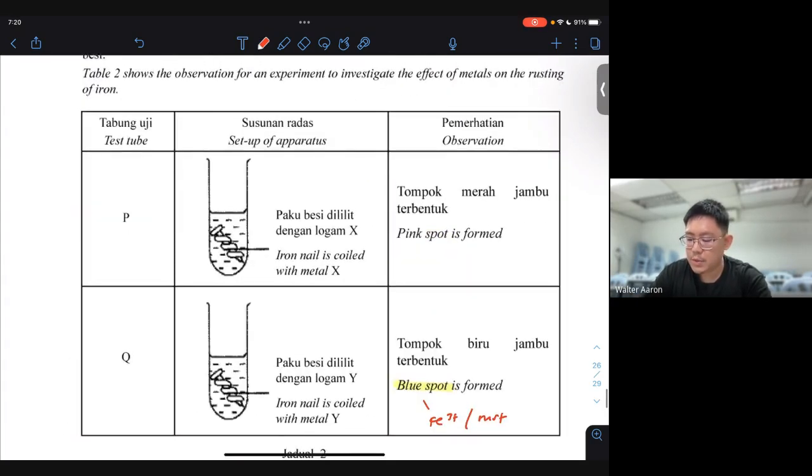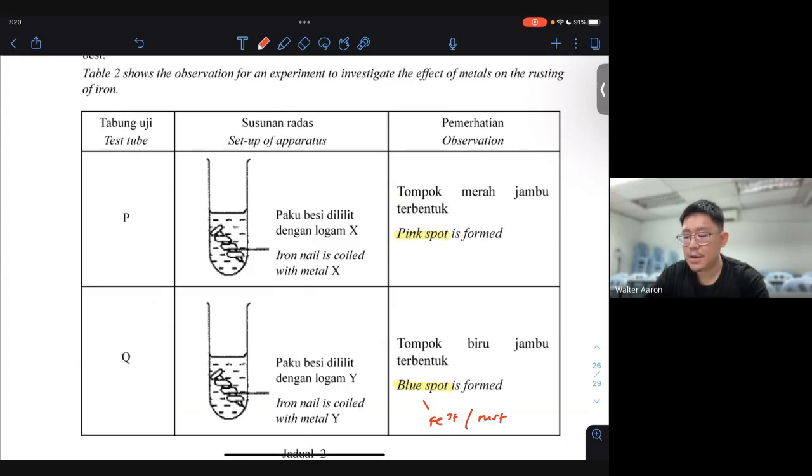Then between iron nail and X, the iron nail coiled around X does not rust. That's why it remains pink. So technically speaking, metal X has acted as a sacrificial metal, and it is more electropositive, so it readily releases the electrons instead of iron.